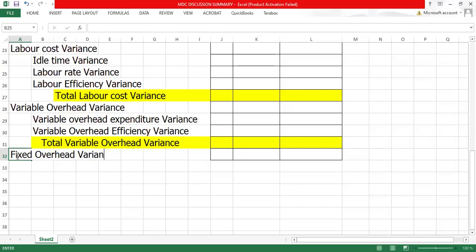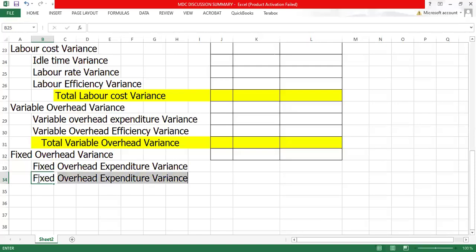And with this one, you are also going to look at the fixed overhead expenditure variance, then add the fixed overhead volume variance.